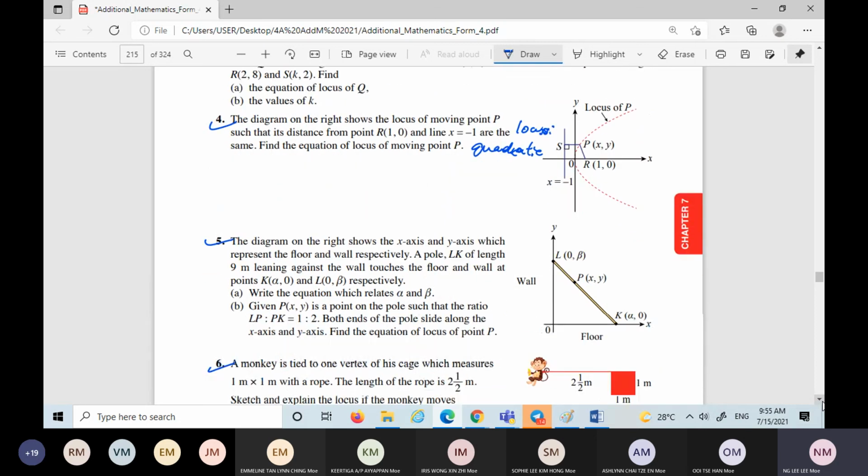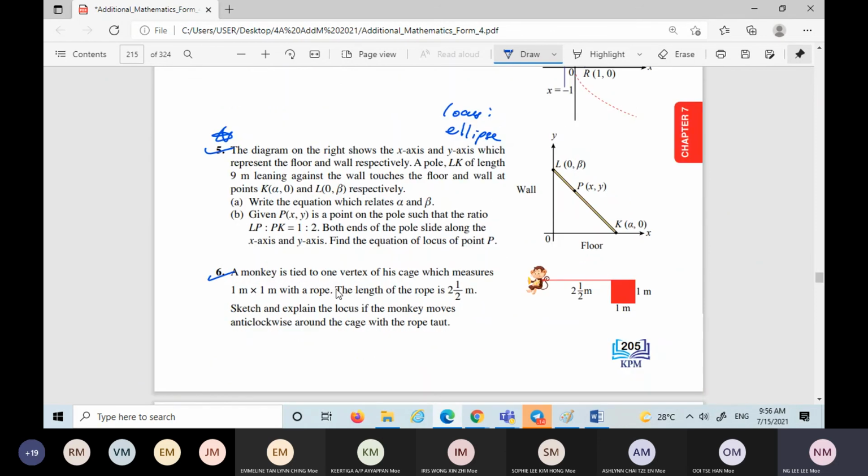And then question number 5, the locus is an ellipse. Question number 5 is difficult. The old syllabus also had these questions, and the new syllabus also includes these questions. I don't want to give you any hints for question number 5. Let you try first, but this one is difficult.